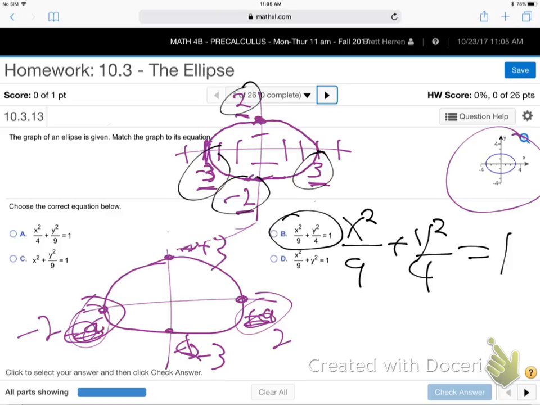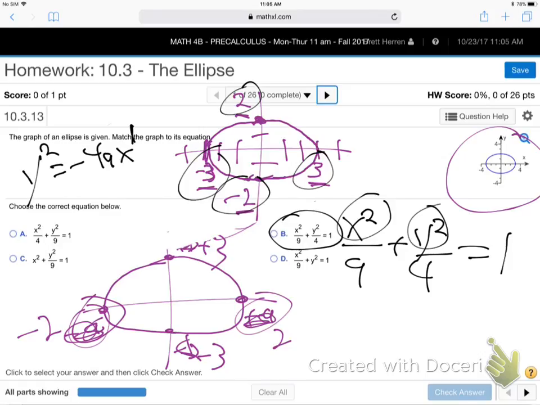Ellipses are easier than parabolas because you don't have to worry about going 4 different directions. That's what makes parabolas the hardest, right? They can go left or right or up or down. They can do all kinds of things, and that makes them harder. Also, notice that both letters are squared for the ellipse. It's going to be the same thing for a hyperbola. Remember parabola? We would have something like y squared is minus 4ax.